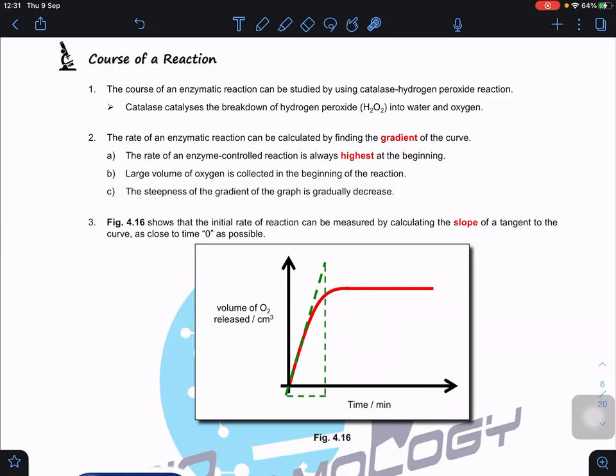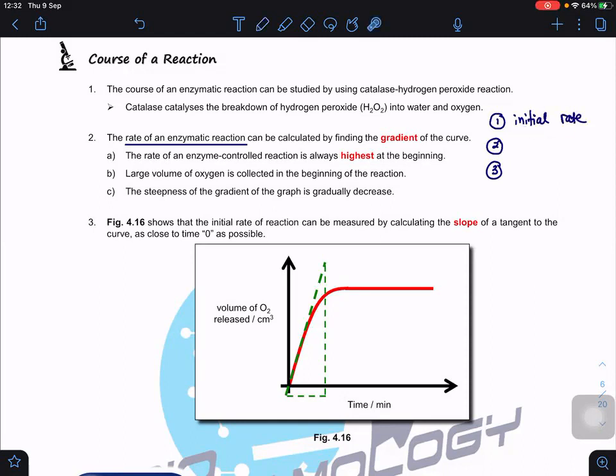So you have to understand the question, because if we want to find the rate of enzymatic reaction, we need to know that we have three ways to determine the rate of reaction. We can measure the rate of reaction at the initial point, so we term it the initial rate of reaction.